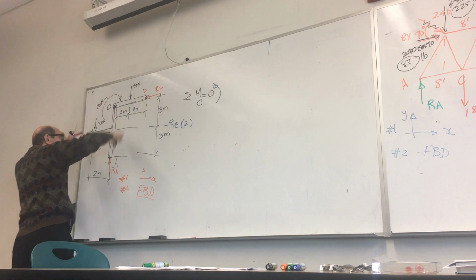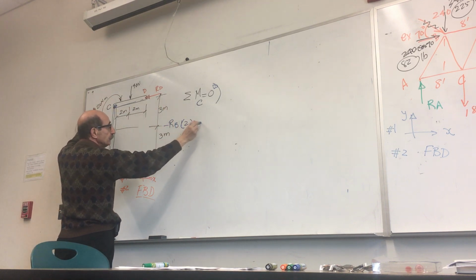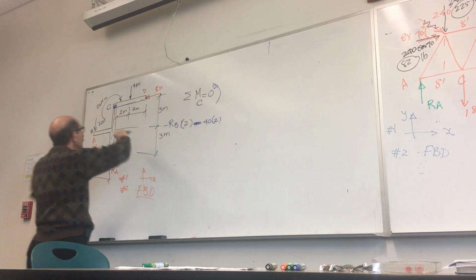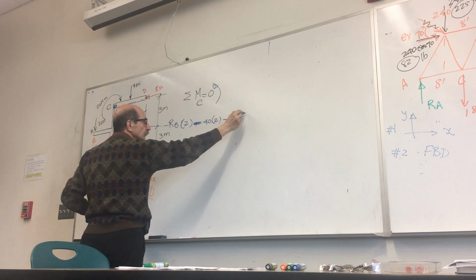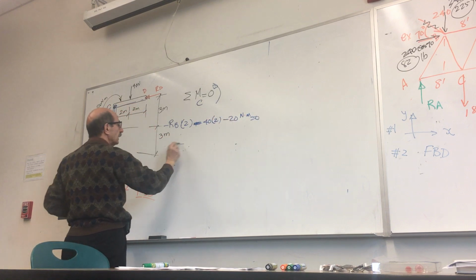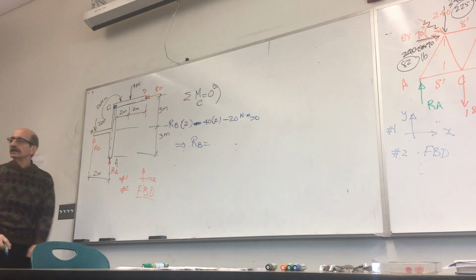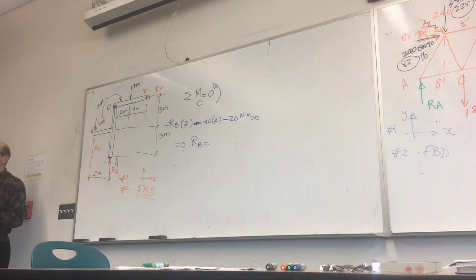And then you have also negative 40 times this, which is 2 meters. And then you have also negative 20 Newton meter equal to 0. So that'll give you R_B, which comes out to be negative, and then you will do the rest. Okay? Have a great weekend.